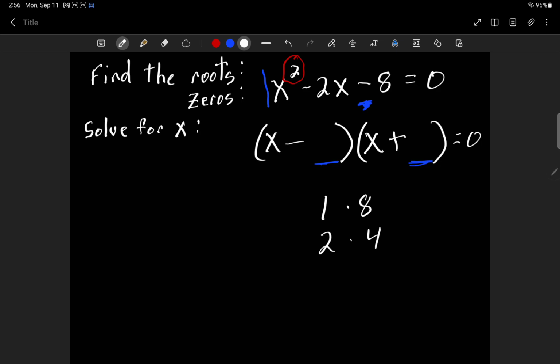That's it. Yes, I could write 4 times 2 and 8 times 1, but they mean the same thing. So then, because I know they're opposite signs, I'm looking for the difference. Well, the difference between 1 and 8 is 7. The difference between 2 and 4 is 2.